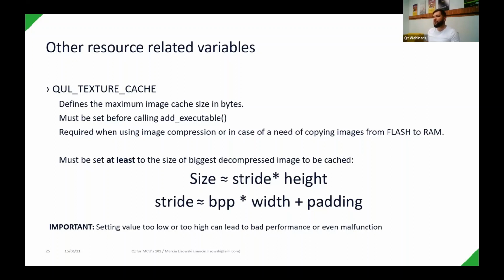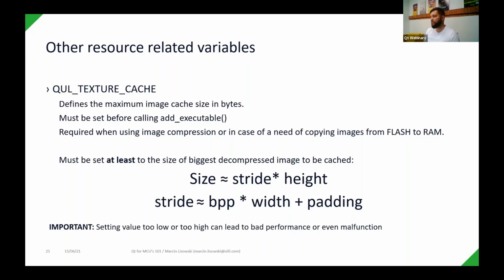There is also the texture cache concept. It is something that is used for various things, to be honest. So if you are going, for example, to keep all of your image assets on the flash memory, but for some reason, for faster access, you will need to move them to the RAM during runtime, they will end up in the texture cache. And the same goes for compressed images.